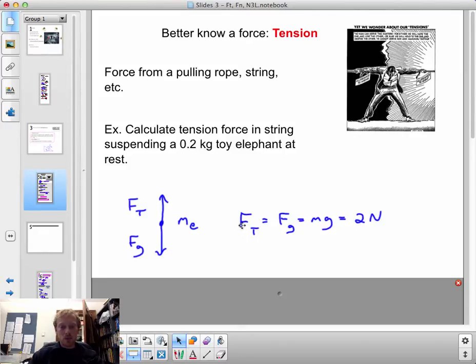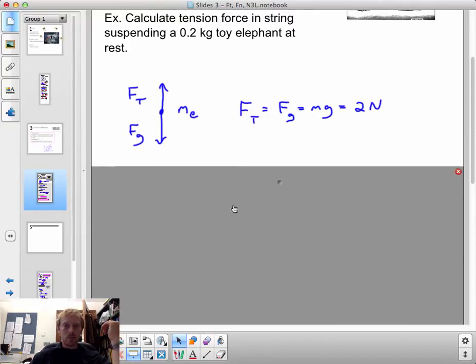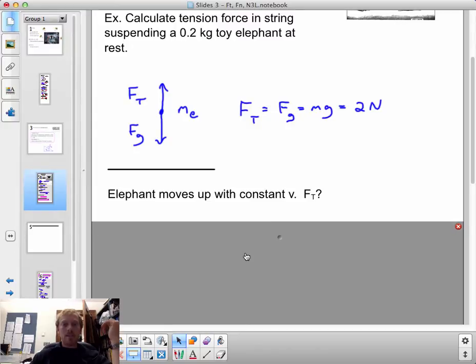The tension force balances the gravitational force by Newton's first law and the fact that it's at rest. So the tension force is equal to the mass of the elephant times g, which is 2 newtons. Because g is about 10, it's a numerical value of 0.2 kilograms times 10 meters per second squared is 2 newtons. Great.